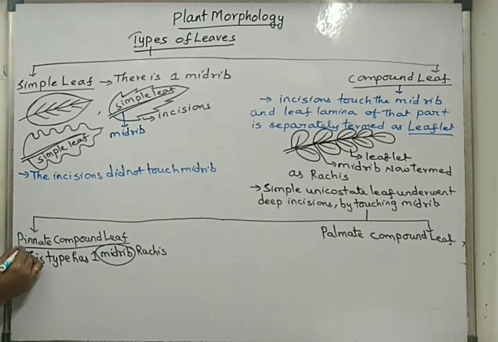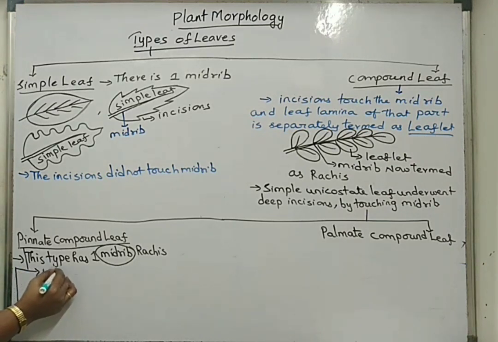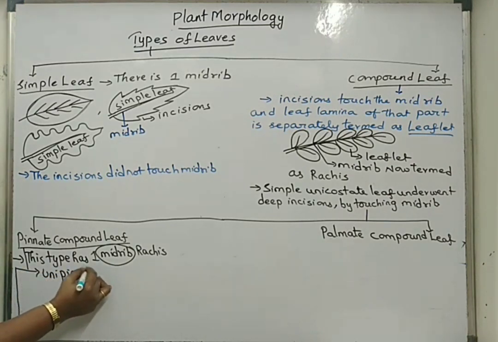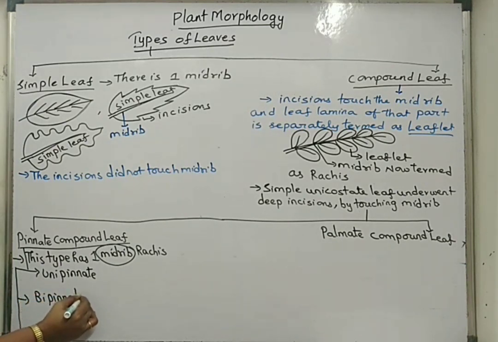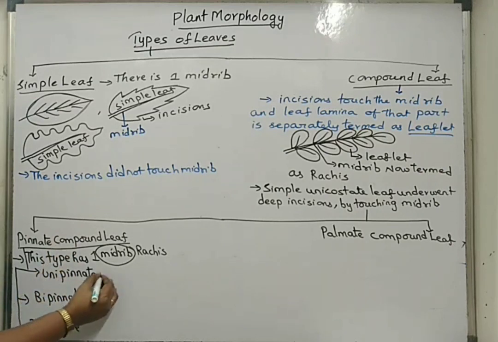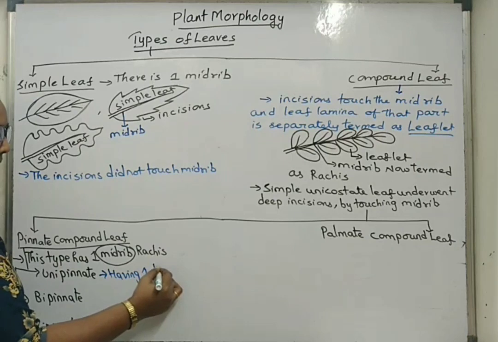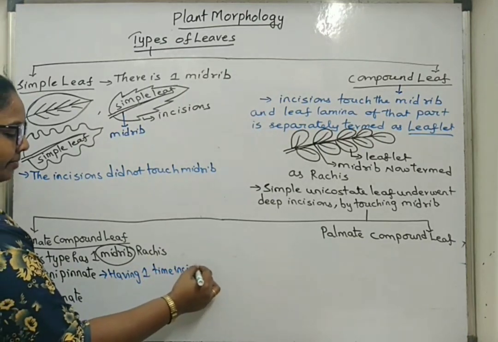Next, this is again of a few types: first one unipinnate, next one bipinnate, next one tripinnate. So first, what is meant by unipinnate? Unipinnate means having one time incision.